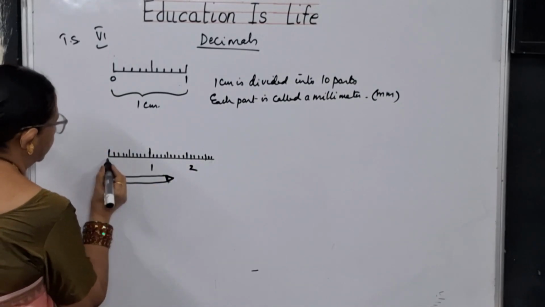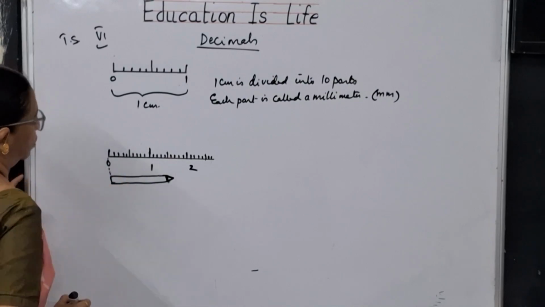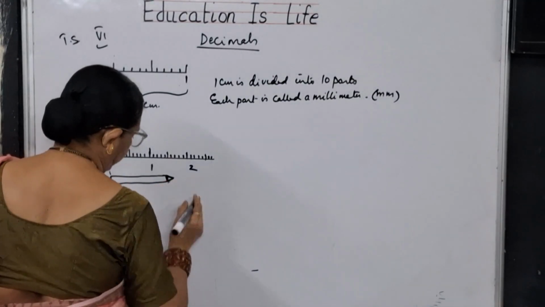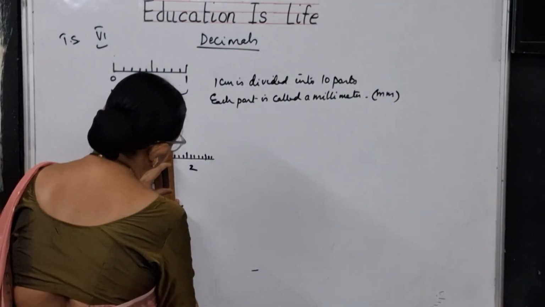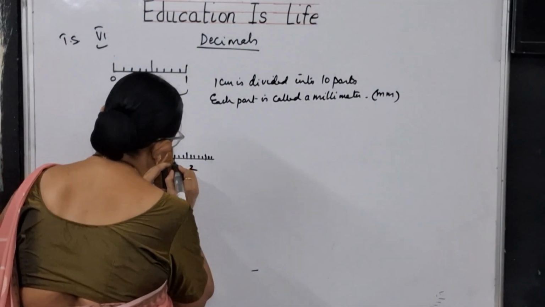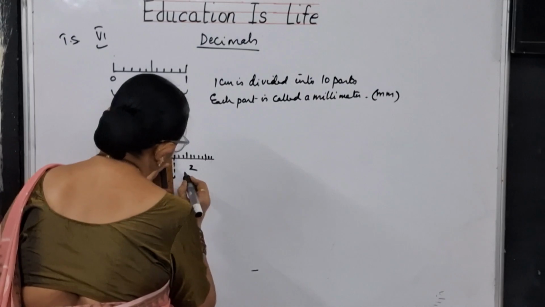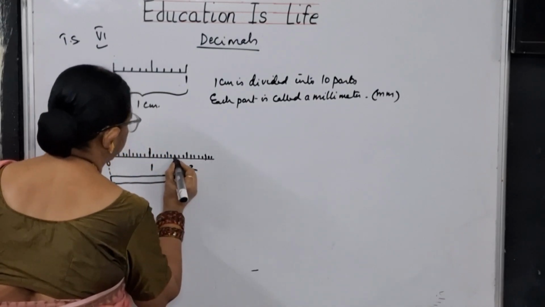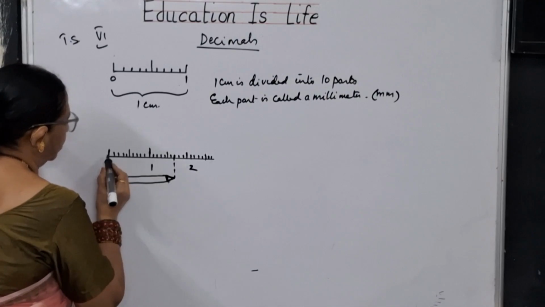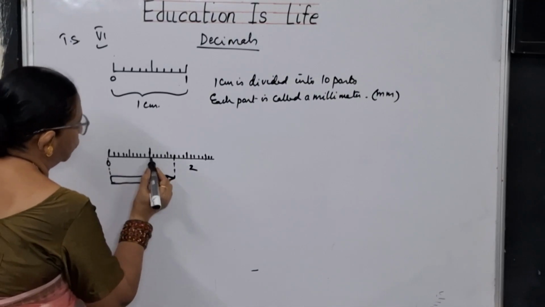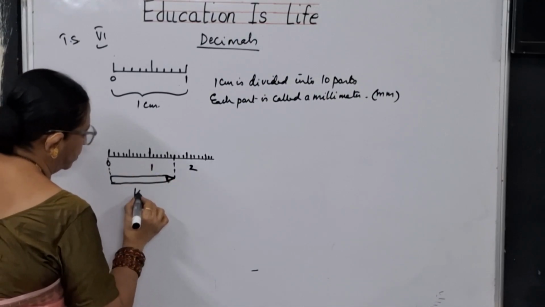What is its length? It starts with 0. You have to keep it at 0. And where does the end of the pencil go? The end of the pencil goes to this point. So how much have you got? From 0 to 1, totally 1 centimeter.